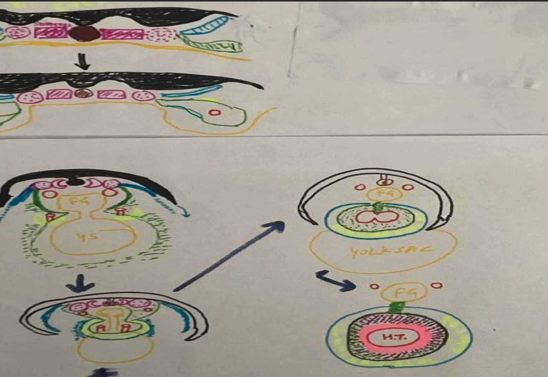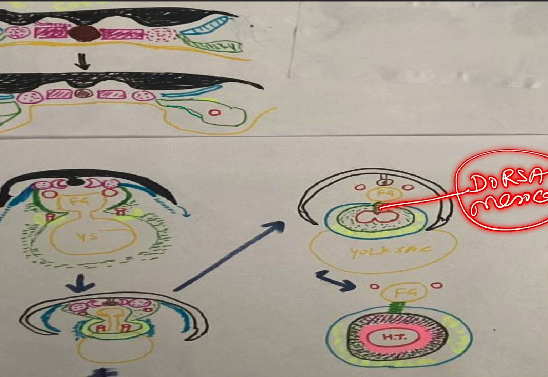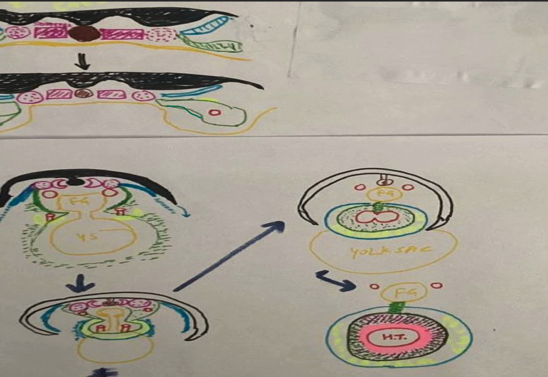If we see the relations of the GIT with respect to these two heart tubes, initially the heart tube is connected to the foregut via a layer of mesoderm. This mesoderm is now known as dorsal mesocardium. Okay, friends? Dorsal mesocardium.